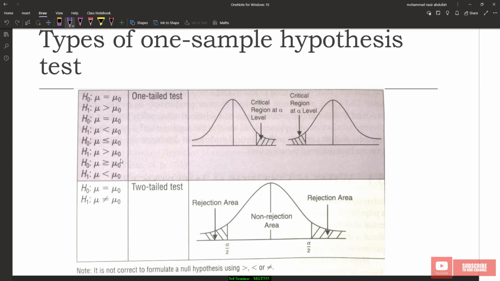So now kita tengok types of one sample hypothesis test. As I said before, in one sample hypothesis test, we are going to focus on one tail test and two tail test. If you still remember on descriptive statistics, mean, median, and mode, we have a normal distribution curve.